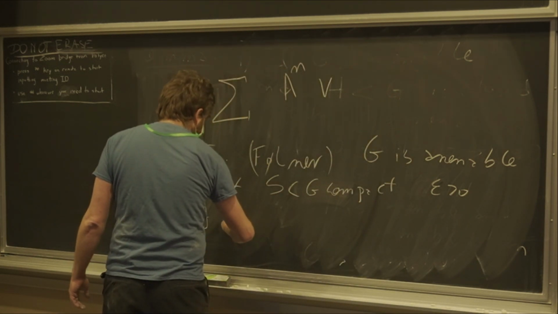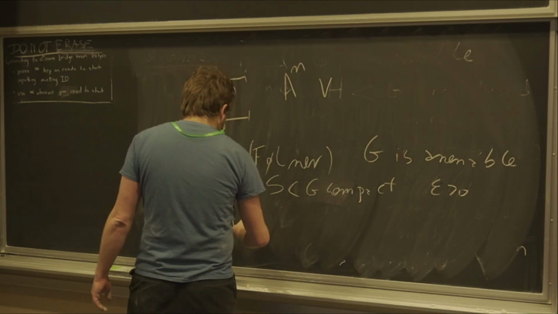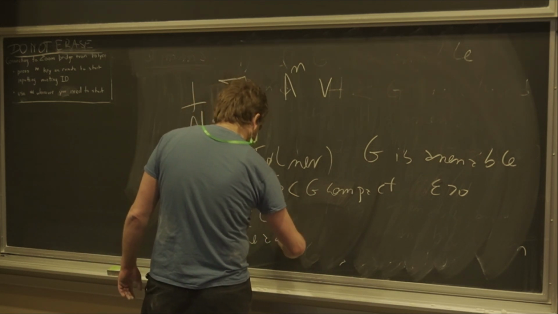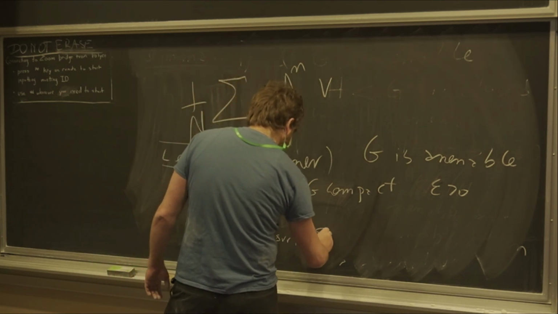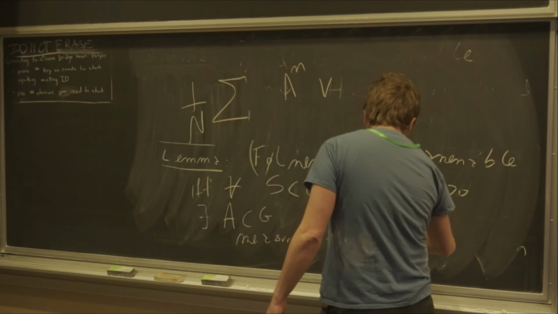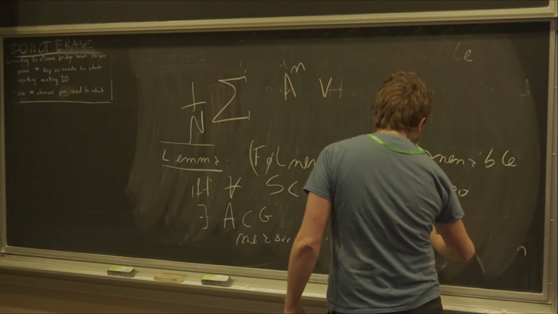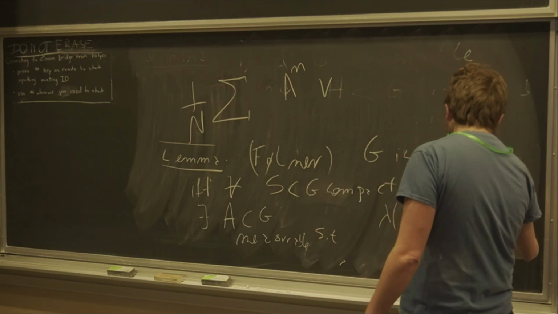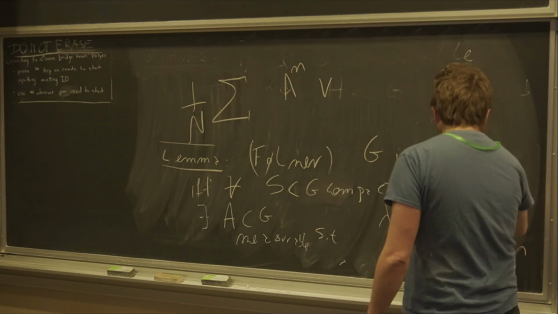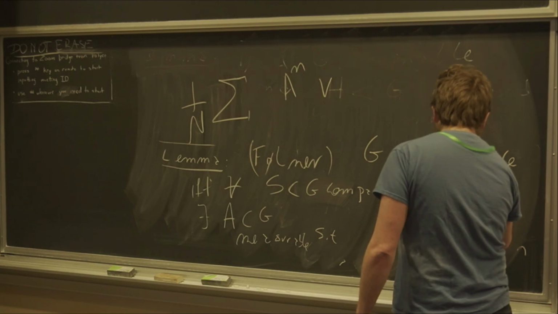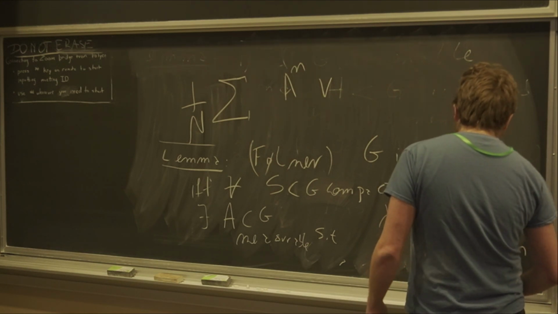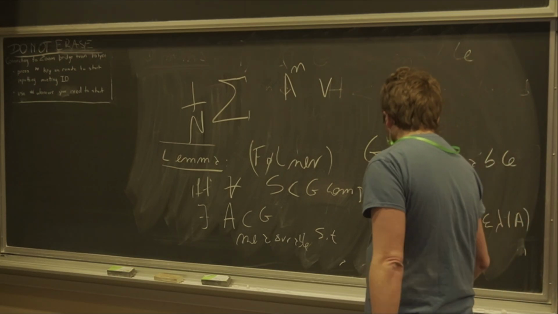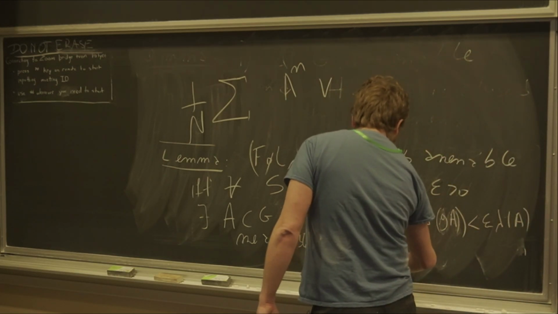There exists a subset A in G, measurable, such that lambda of A symmetric difference A times g is, okay, let's keep on using left-right notation, for every g in S.